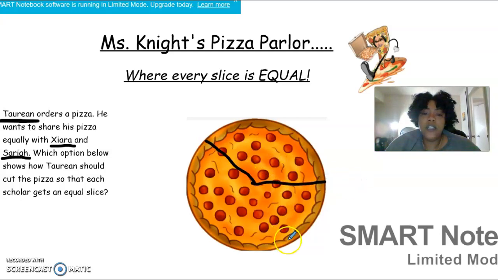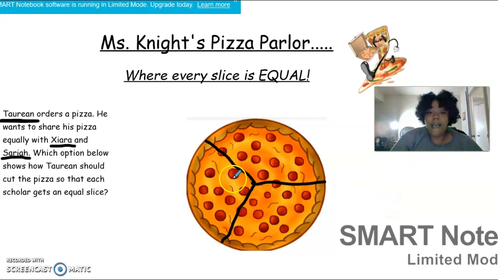So right now, if you look at this, do I have 3 slices? Not yet. So we must need to make another line to partition this pizza into thirds. So going back to the middle again, remember, to partition a pizza or a circle into thirds, you need to start in the middle. So I'll start here in the middle again, and then I'm going to draw another diagonal line going about right here.